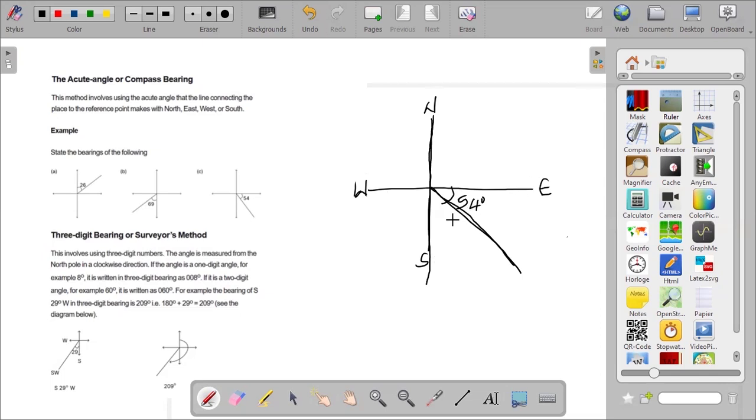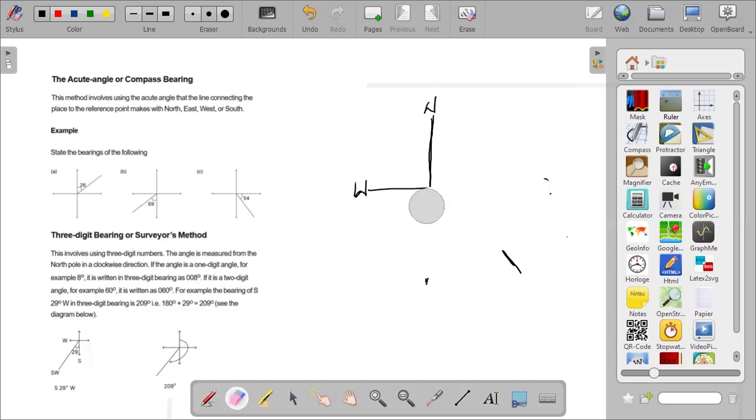That would be wrong. This angle that we need to measure is inside, because the vertical line is the reference point. So this is the angle we need to measure. And how do we get that? Each of these quadrants is 90 degrees. The way I drew it doesn't make sense, so let me draw it better.